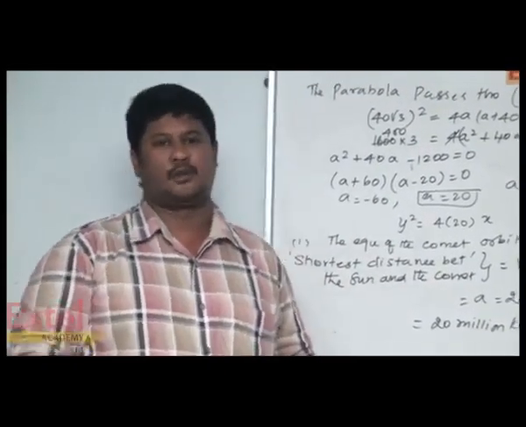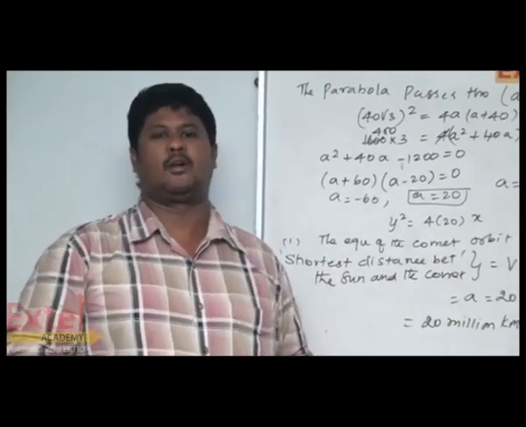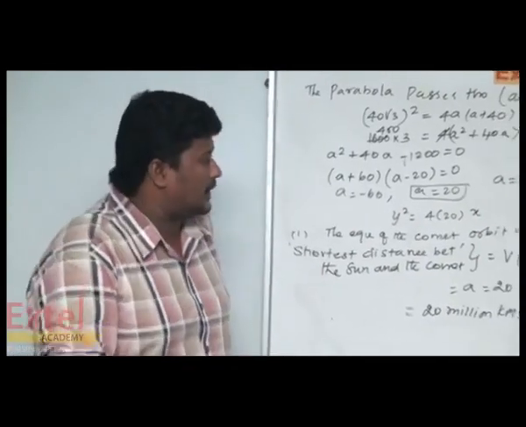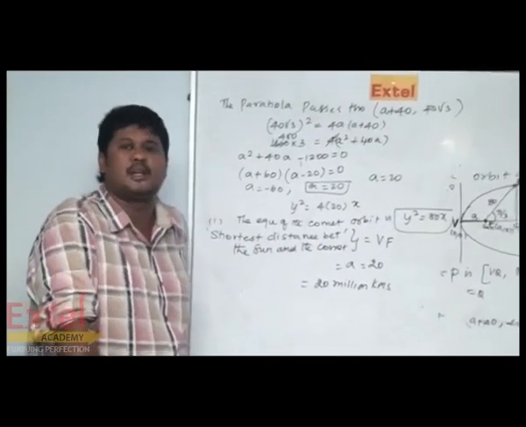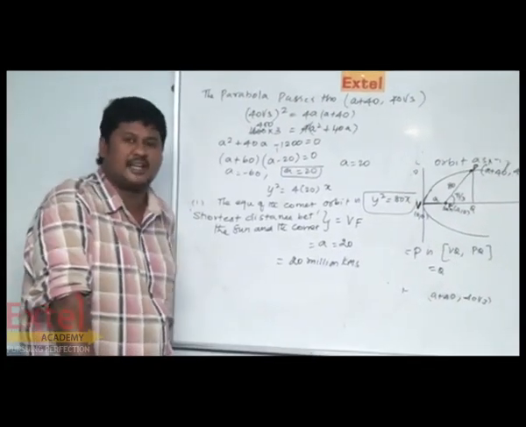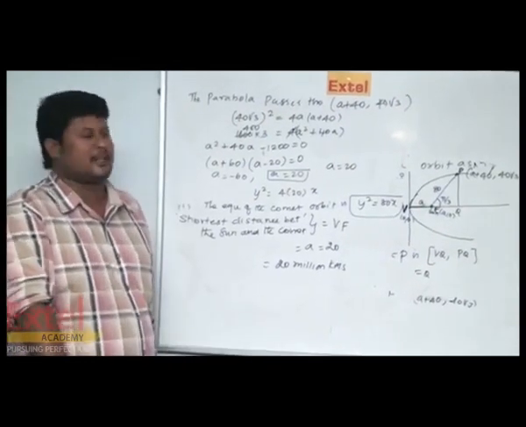You will be getting 10 marks for this. First draw the diagram neatly, and then explain all the things. First, P is the position of the comet, F is the focus, and the focus is the sun. It is given that FP is equal to 80 million kilometers.